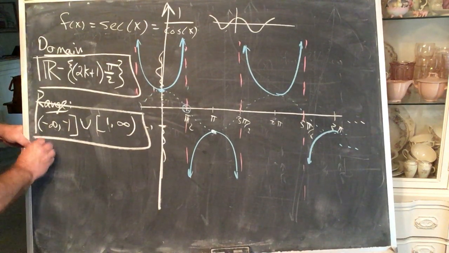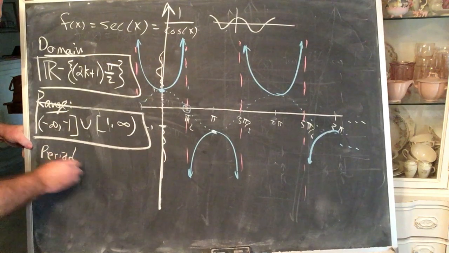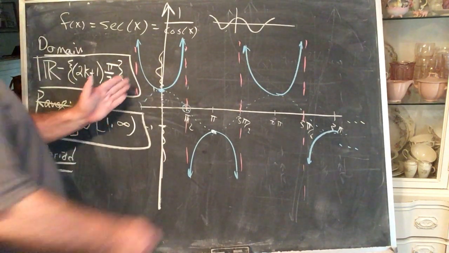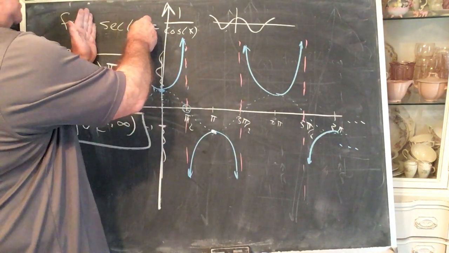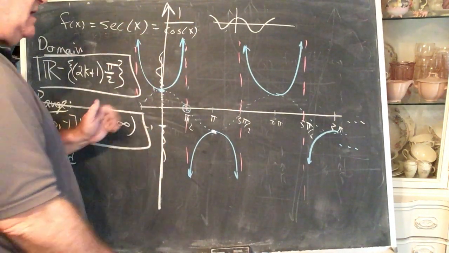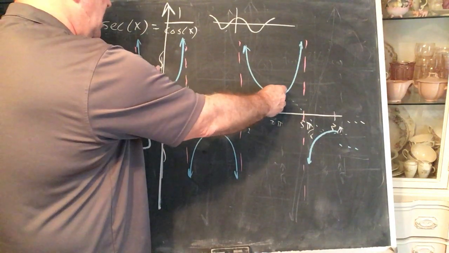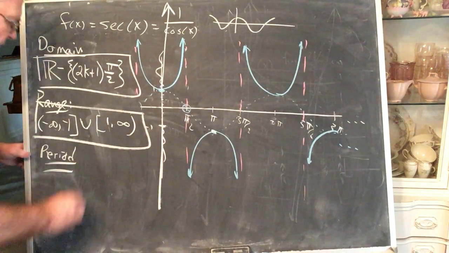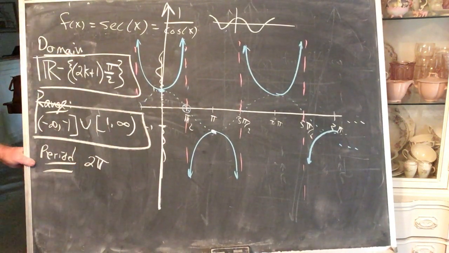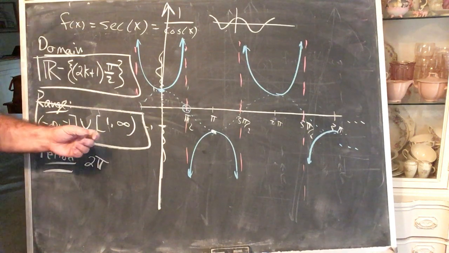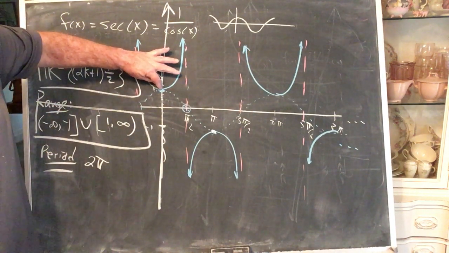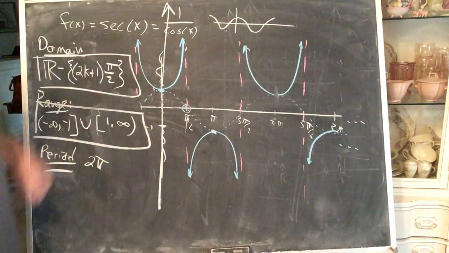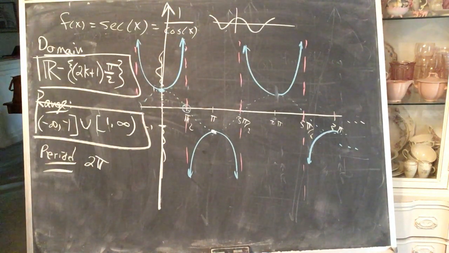All right. The period. The period is the minimum distance over which to repeat itself. Well, it's not too hard to see that the graph of secant depends entirely on the graph of cosine. And since the period for cosine is 0 to 2 pi, the period for secant is also 2 pi. That's the minimum distance over which it's required to repeat itself. From here, how far do you need to go to repeat that point? You need to go from 0 to 2 pi. That distance is the period, that's 2 pi.